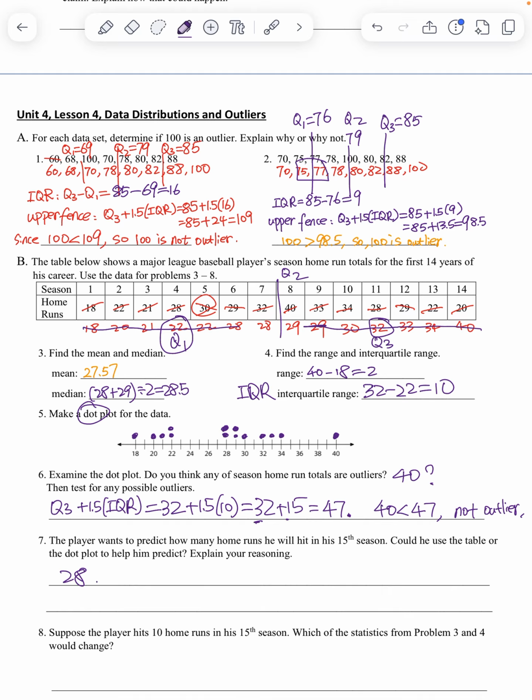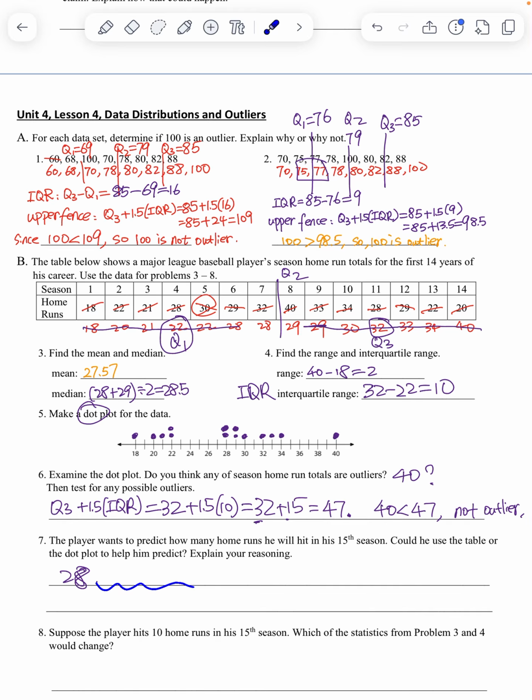The reason, you can use your own words. You don't have to use my words. My reasoning is the mean is very close to 28, and the median is also very close to 28. And 28 happened twice. So I believe it's 28.